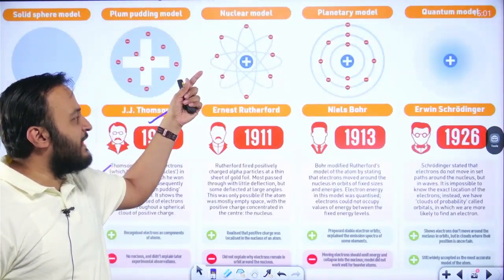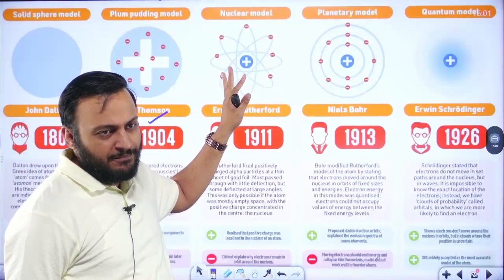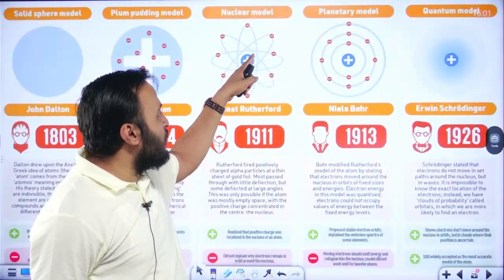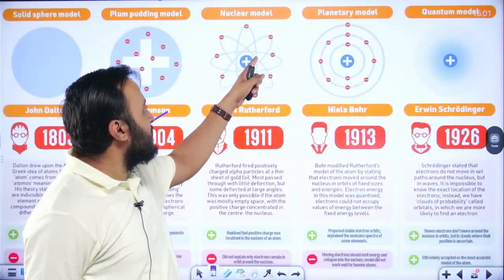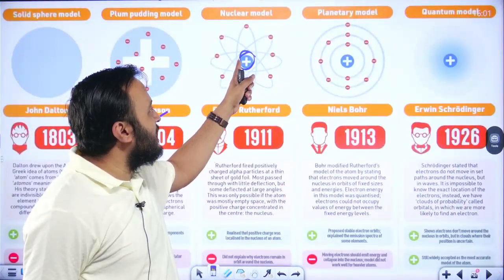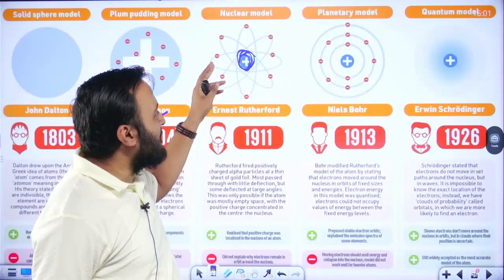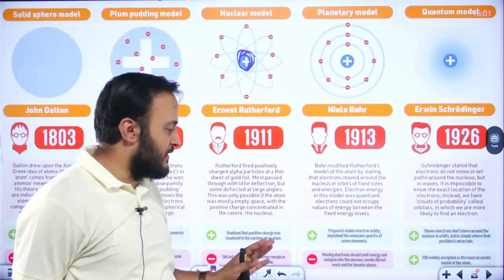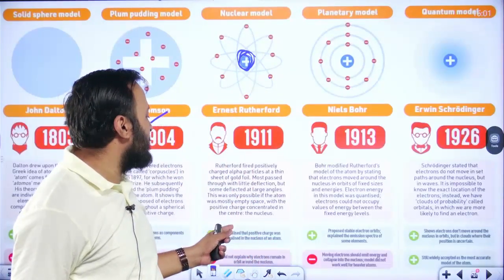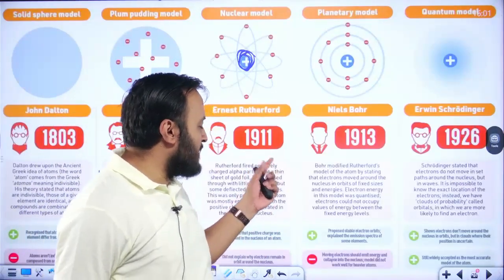But Rutherford said that no, most of the space is empty. It is the nucleus which has the dense positive charge. The rest of the place is empty, and then we have the negative charges. Okay, remember that.